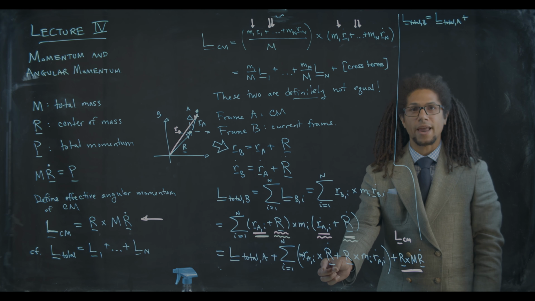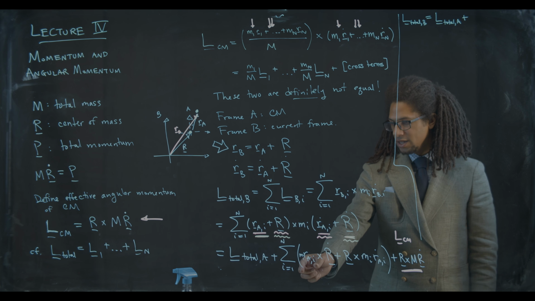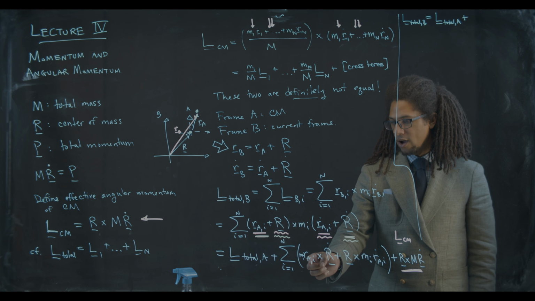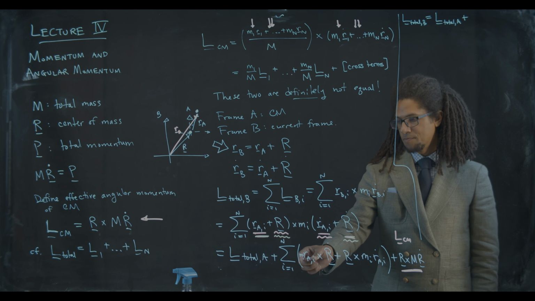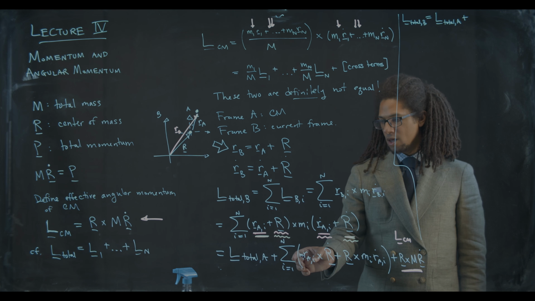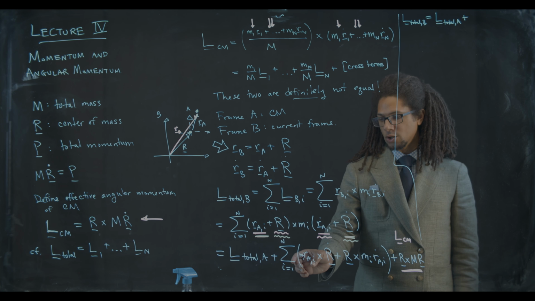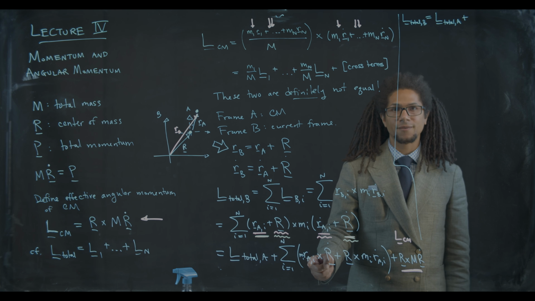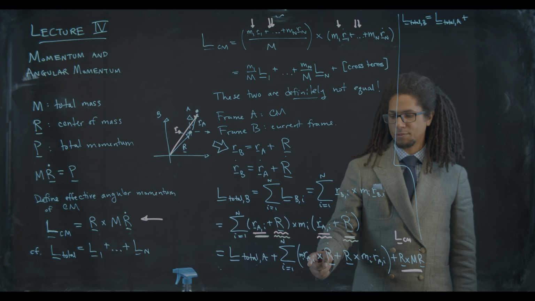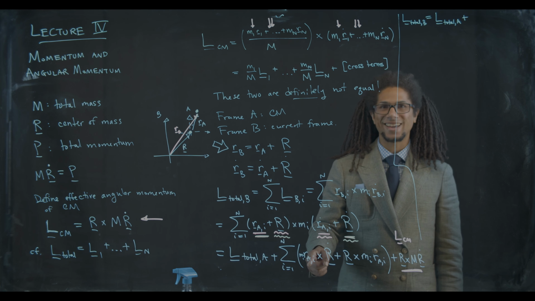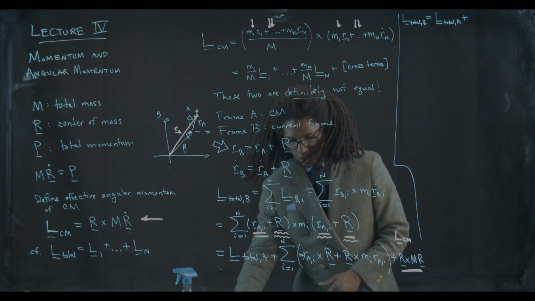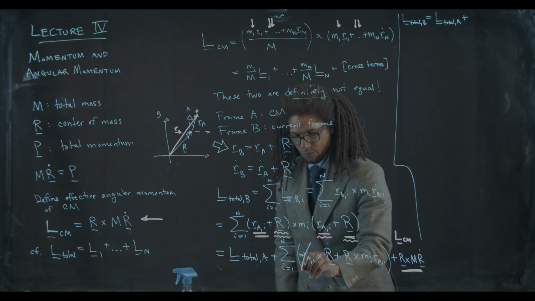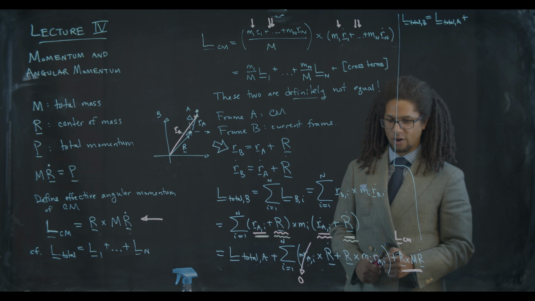R dot doesn't depend on this sum at all. So really this just becomes a sum over m_i R_A,i by itself. But this is proportional to the position of the center of mass in frame A. And the position of the center of mass in frame A is exactly 0. So this term is 0 because it's a center of mass frame.